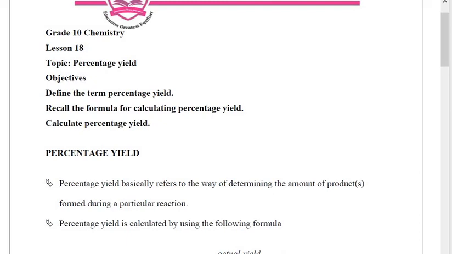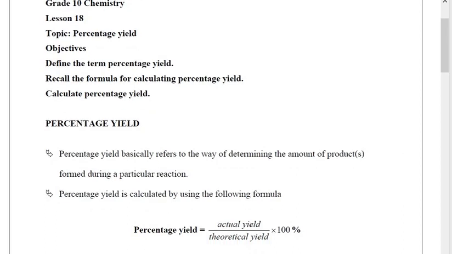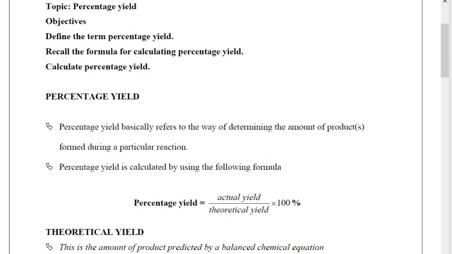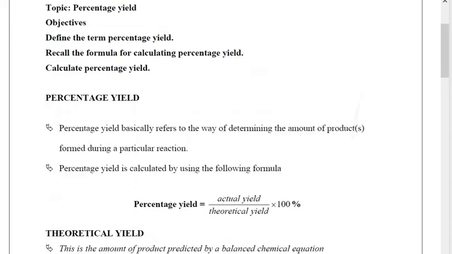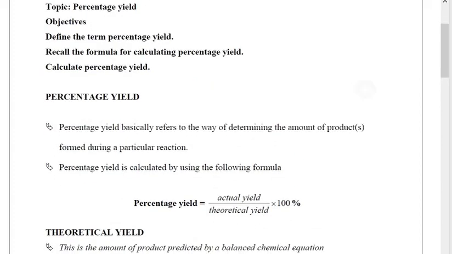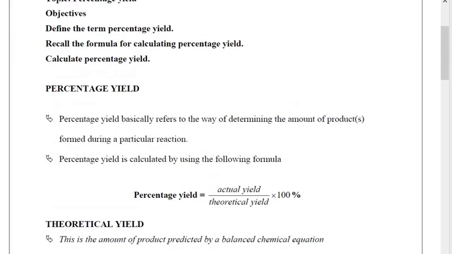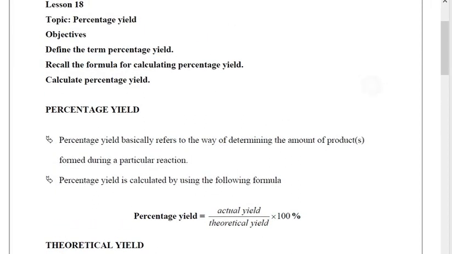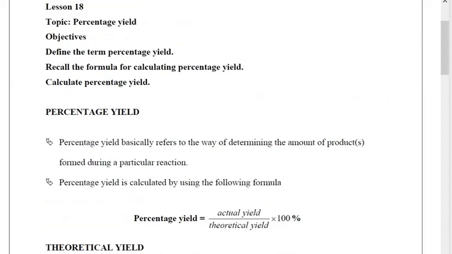By the end of this lesson, we should be able to define what percentage yield means, recall the formula for calculating percentage yield, which is given in the document, and calculate percentage yield if given a set of scenarios, given an equation, to say a certain amount of reactant, maybe reactant A reacted with reactant B, and this was produced, and you can then tell what the percentage yield is.